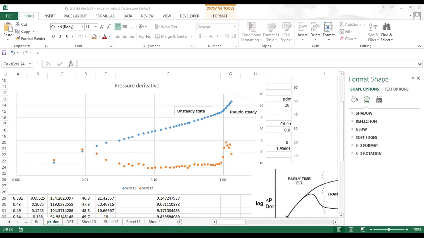So df by ds, minus f, df by ds, that is saturation of water.